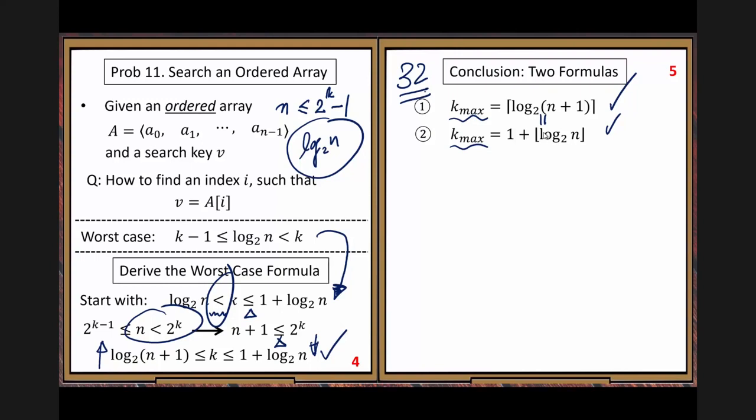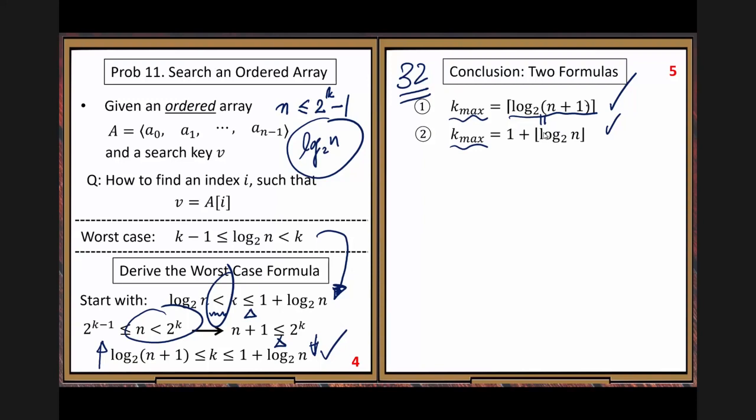How many comparisons do we need for the worst case? 6. Yes, great. 6, not 5. But most people give me 5 because 32 corresponds to 2 to the 5th power. So easy, right?